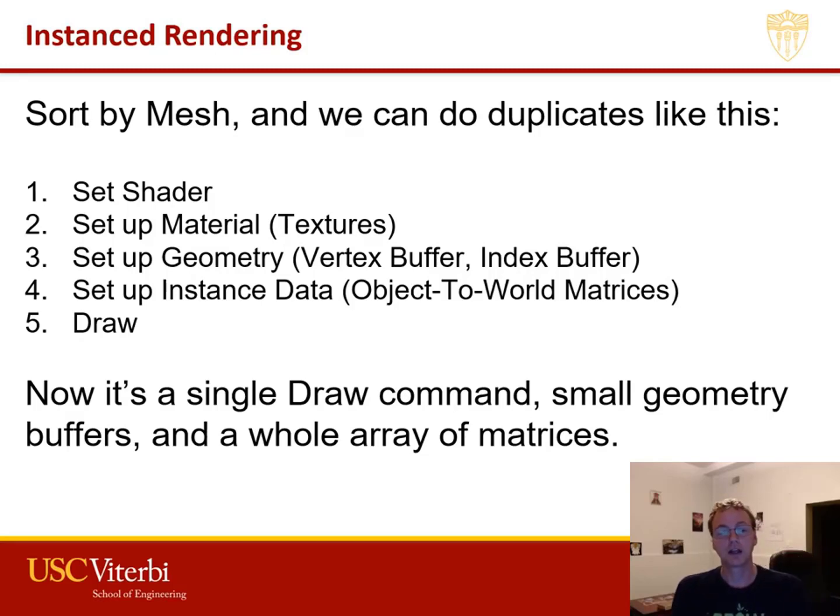We saved a lot of data pushed from the CPU to the GPU, and we saved a number of draw commands that were sent from the CPU to the GPU. So that's a useful thing where, with a single draw command, we can take one geometry buffer and a whole array of matrices and render that same geometry a whole bunch of times.